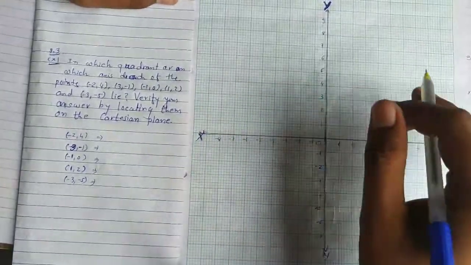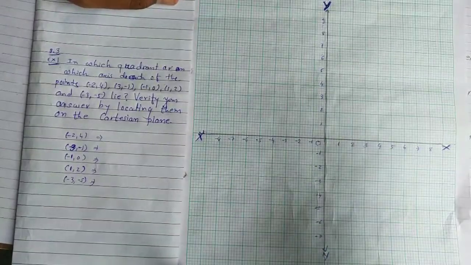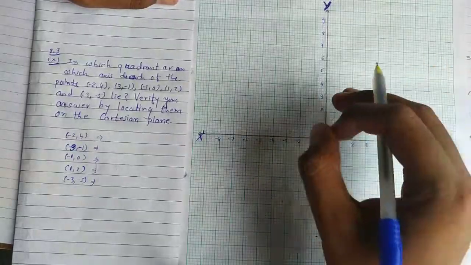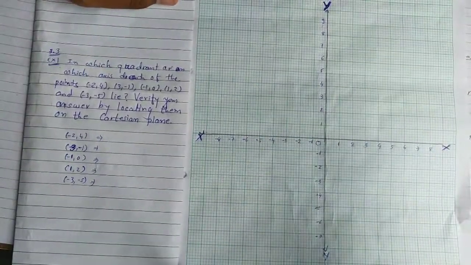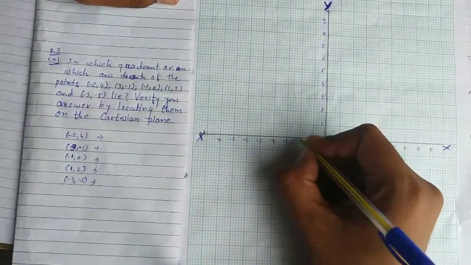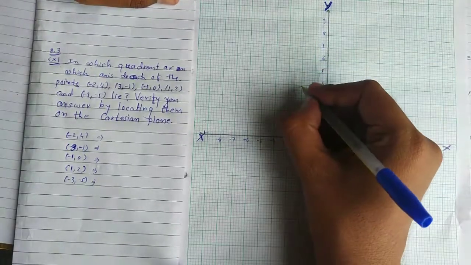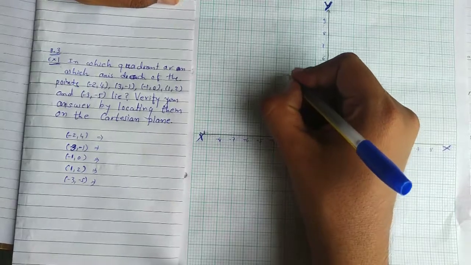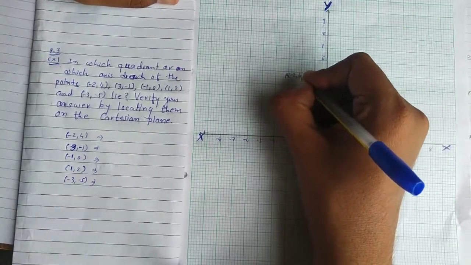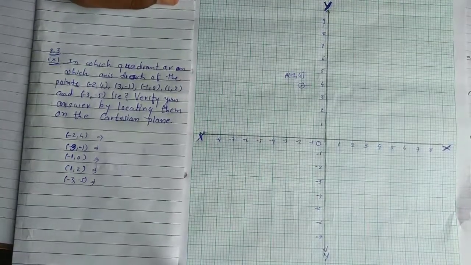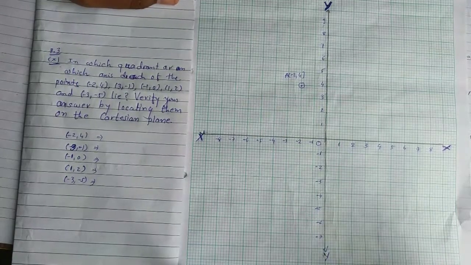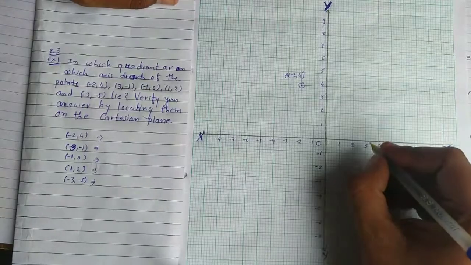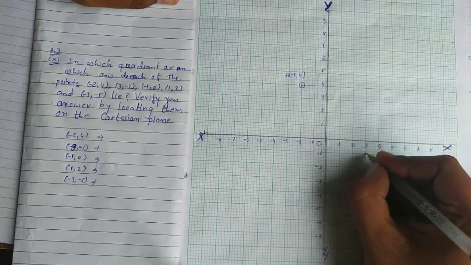First of all, we have to draw the Cartesian plane and locate all the points. The first point, (-2, 4): -2 here and 4 here, point A. Now point B is (3, -1): 3 is here and -1 is here.